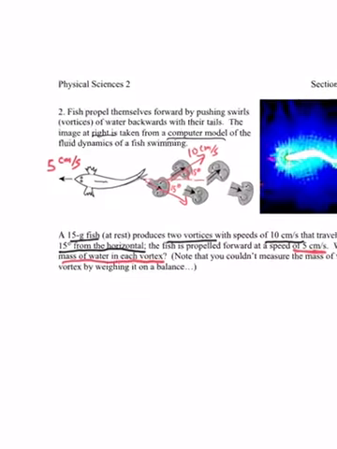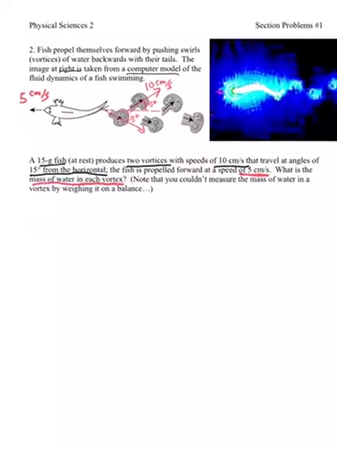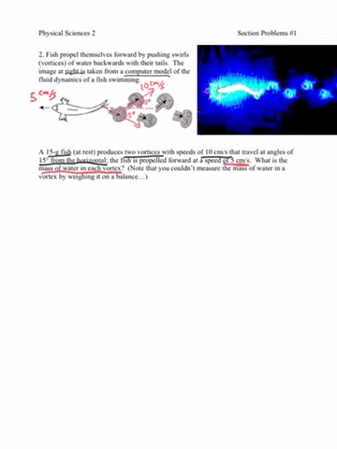This smells like a conservation of momentum problem, which is what this module is about. So let's start by saying delta P is equal to 0. Our isolated system is the fish plus the vortices of water.